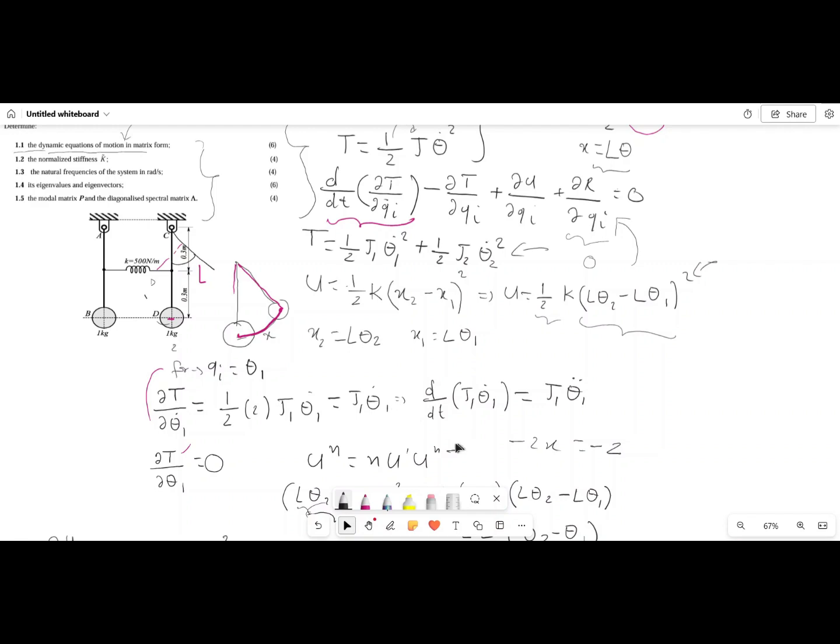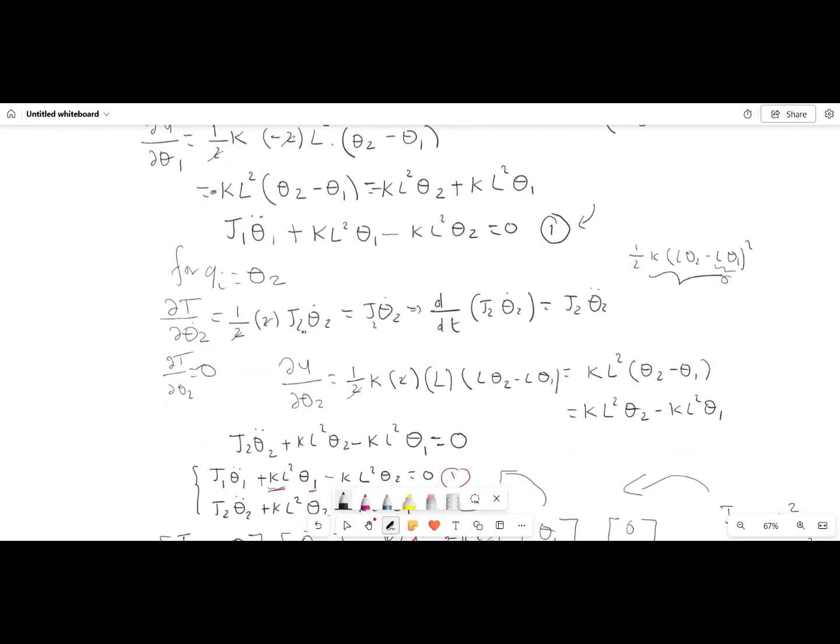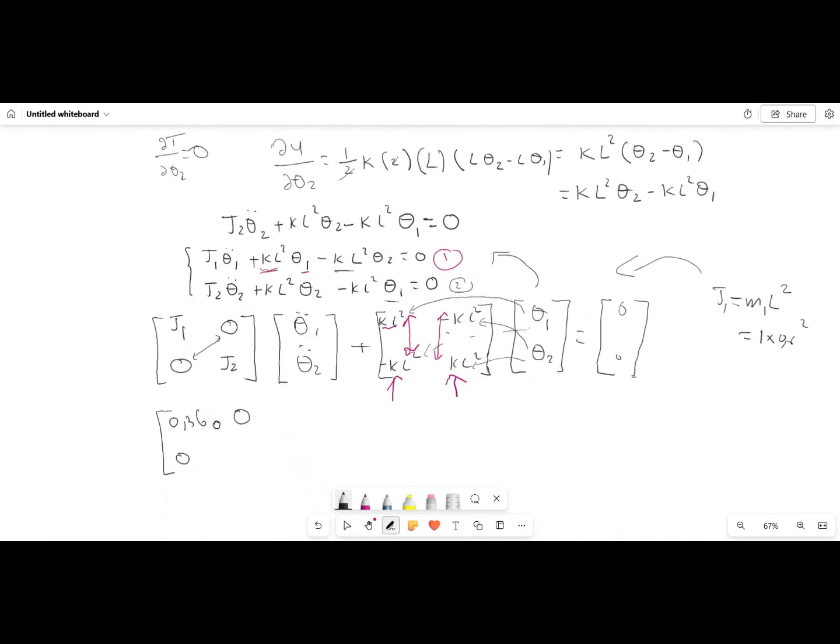So the moment of inertia should be the same. Am I making sense, good people? Yes. So definitely, the answer here should be 0.36.